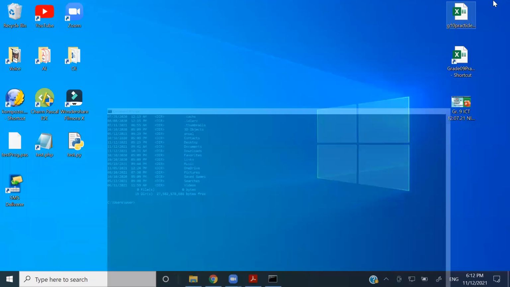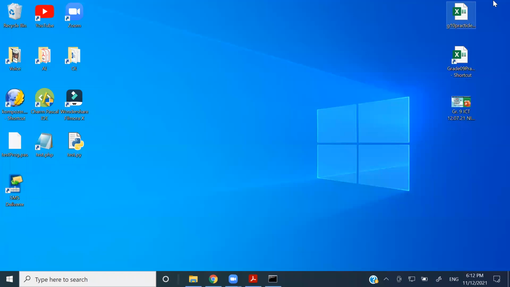But when it is given with a lot of icons and attractive things, we automatically tend to use that, right? So user friendliness is a major thing that an operating system should provide to its user.